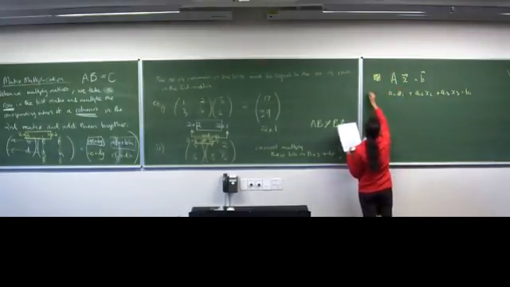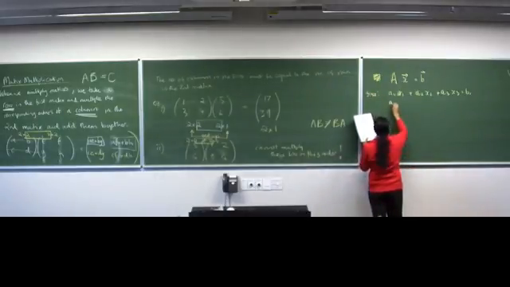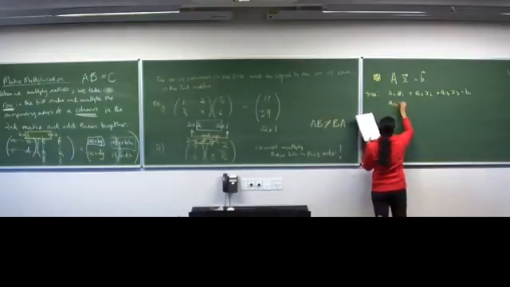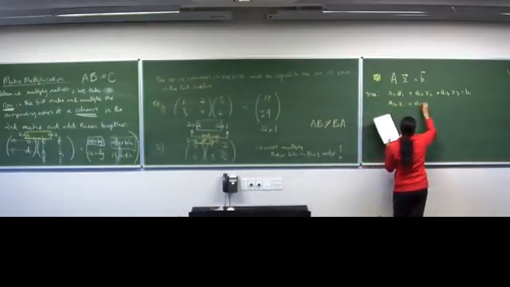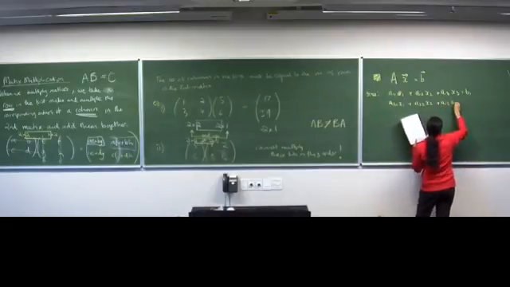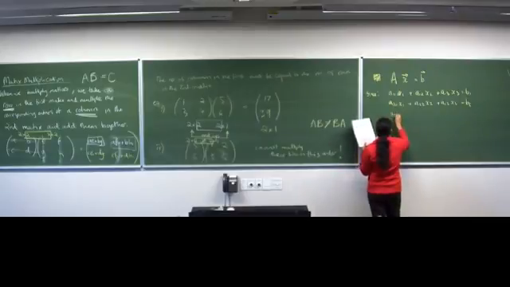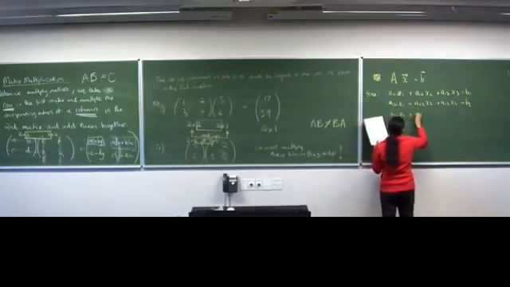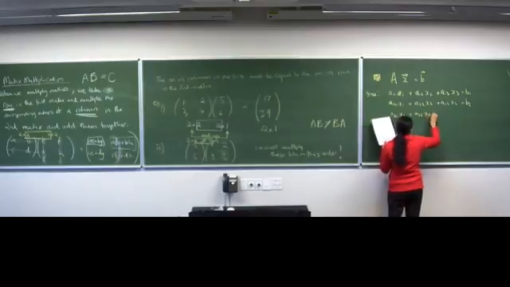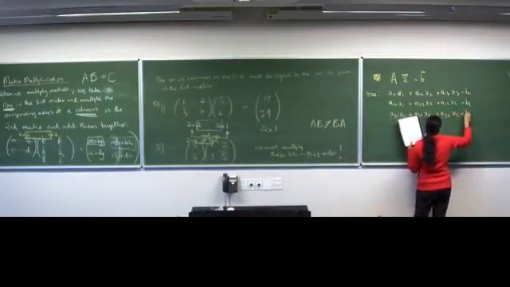So we get these linear equations: A21 x1 plus A22 x2 plus A23 x3 equal to B2, and A31 x1 plus A32 x2 plus A33 x3 equal to B3.